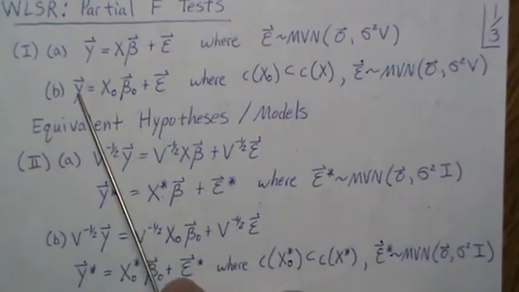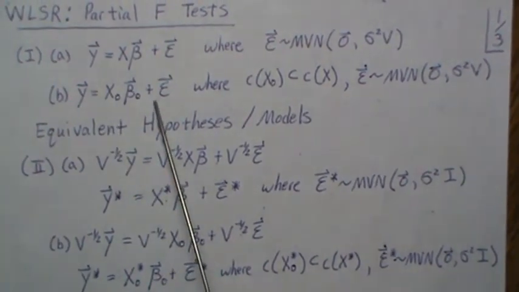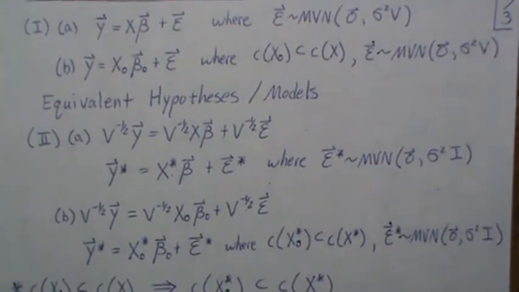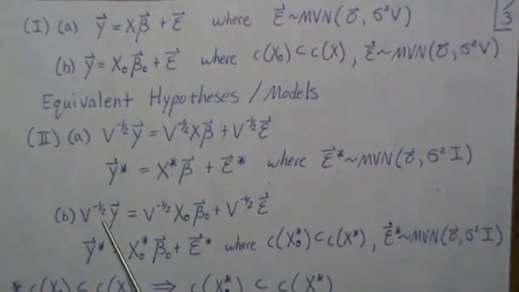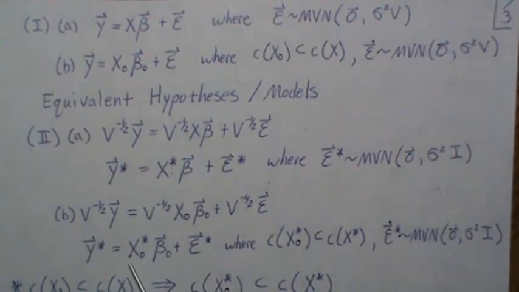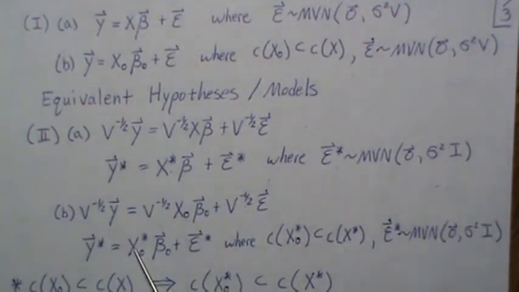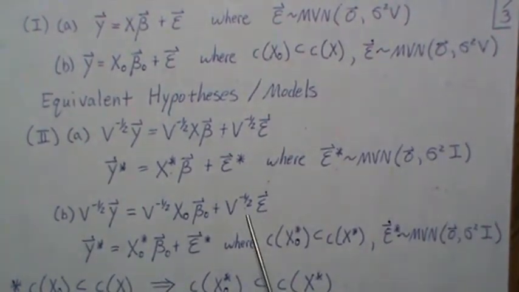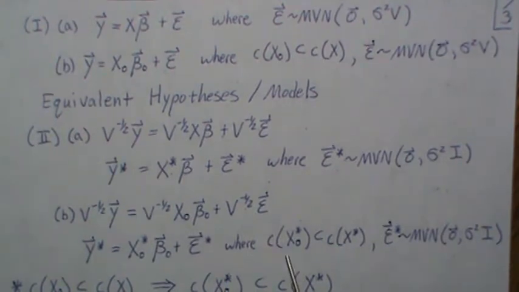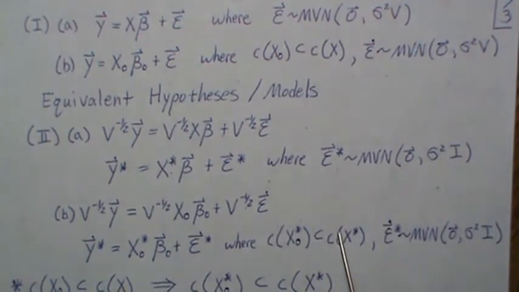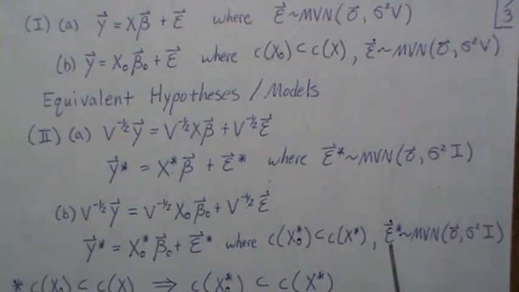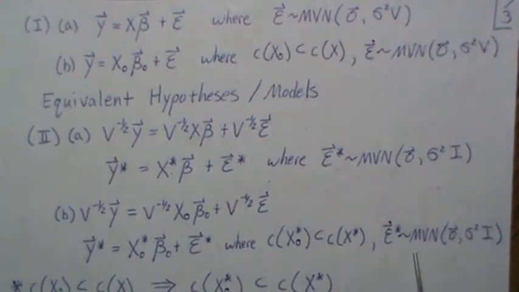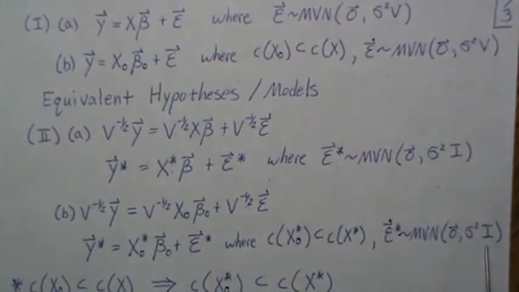For the reduced model, we pre-multiply everything by the inverse of the square root matrix, and then we generically write that as y*, or sometimes y₀*, but it's the same, with ε*. Again, the column space of X₀* is a subset of the column space of X*, and the distribution of ε* is multivariate normal with mean 0 and variance σ²I.